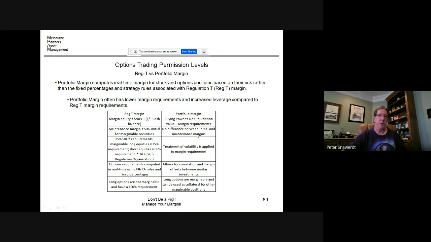So if you look up margin, you only get one. Whereas for Reg T, you've got two different margin requirements. Again, I'll let you just go look through this table separately. If you're level 3 and below, you care about Reg T. If you're level 4, you care about portfolio.